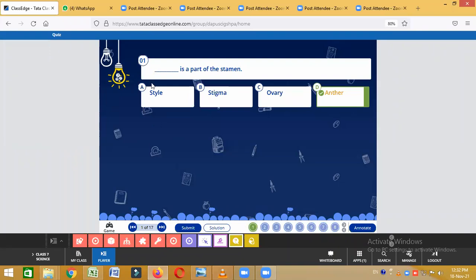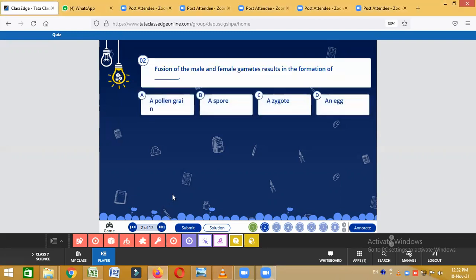It is anther. Good, Tanmay. So the anther is the part of a stamen. Okay. Now move to the next question.